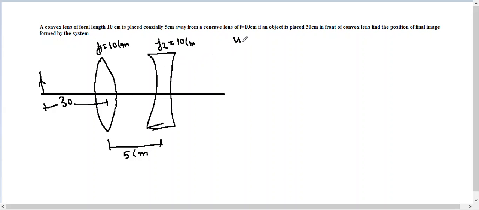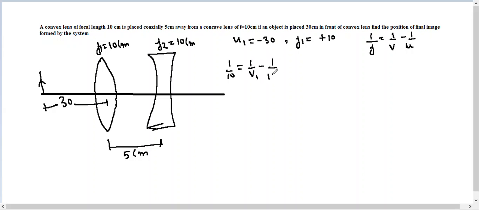For this convex lens, u1 is given to us as minus 30 and f1 is given to us as plus 10. Putting in the lens formula, which is 1 by f is equal to 1 by v minus 1 by u, 1 by 10 is equal to 1 by v, which we have to find out, let's call it v1, minus of minus 30, which implies 1 by v1 plus 1 by 30.